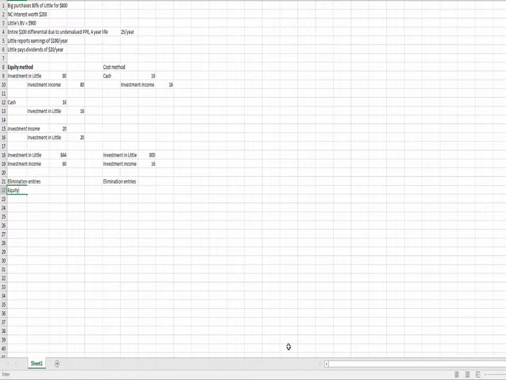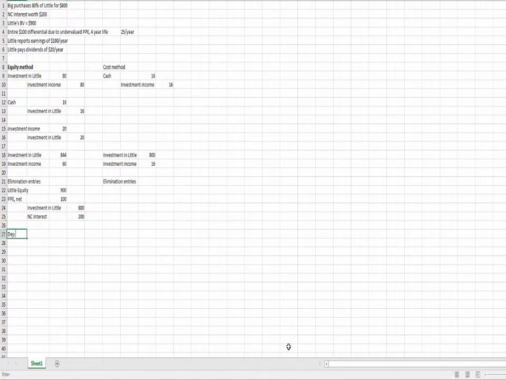And so I'm simply going to write Little equity 900. We record the differential. And again, that $1,000, the book value plus the unamortized differential, is going to get split 80-20 between the parent's investment and the non-controlling interest.